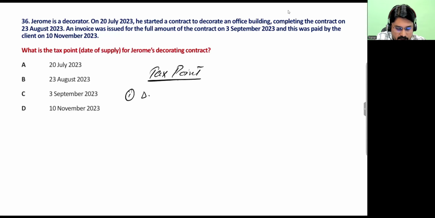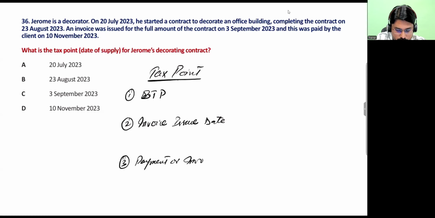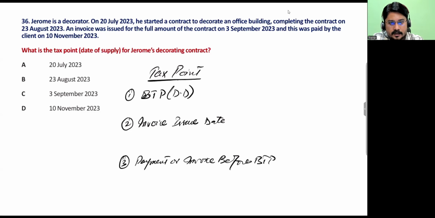First of all, the basic tax point, then the invoice issue date, and third is payment or invoice before the basic tax point. The basic tax point is basically termed as the delivery date, the date on which you performed your obligation. You transferred, you delivered the goods or rendered the services. So that is the basic tax point, the delivery date, right?